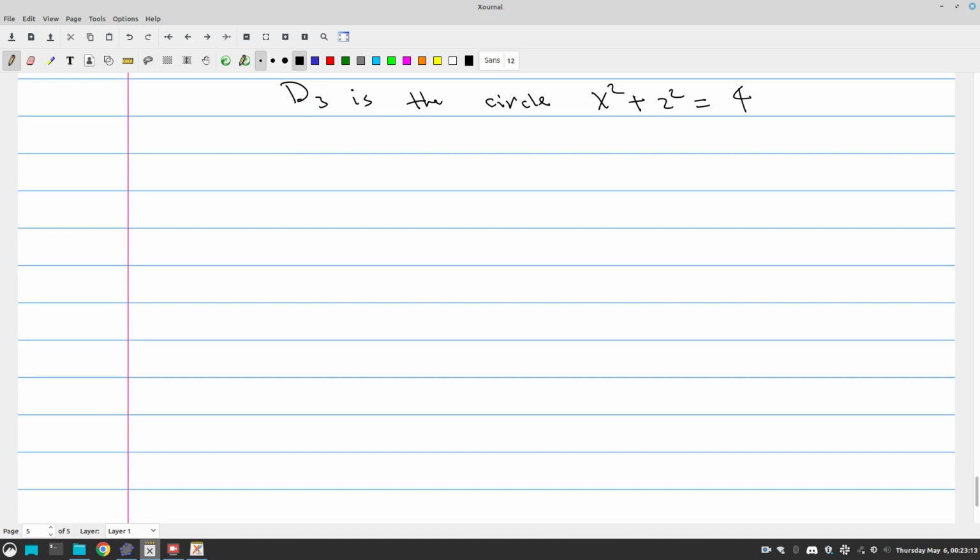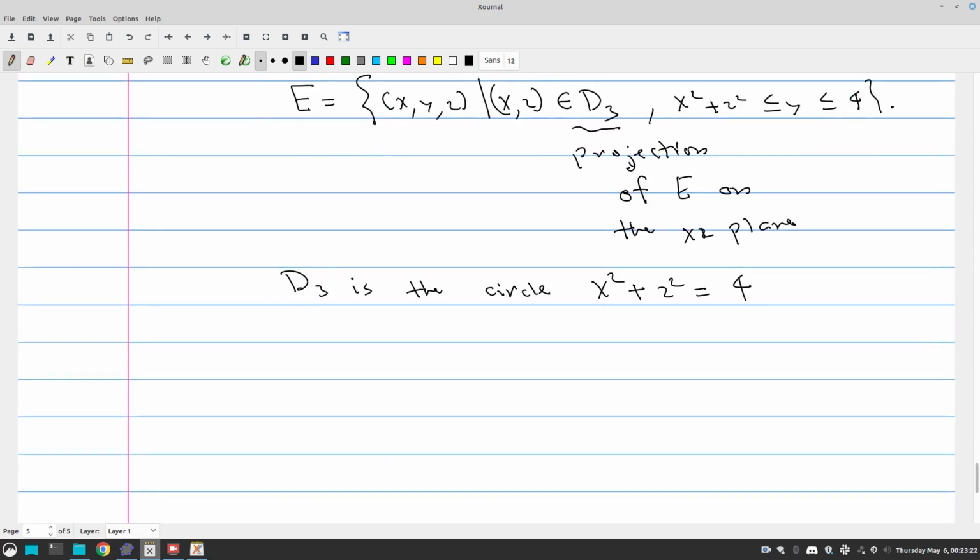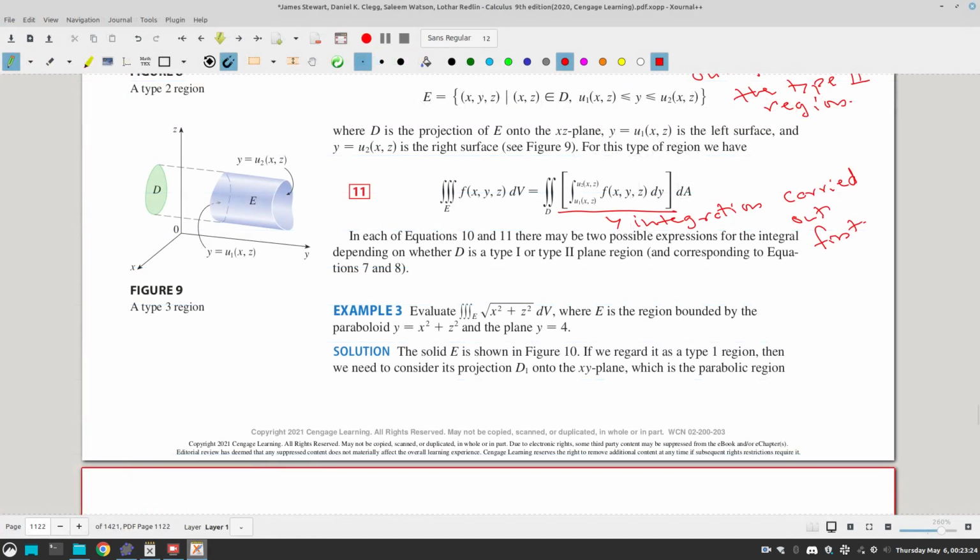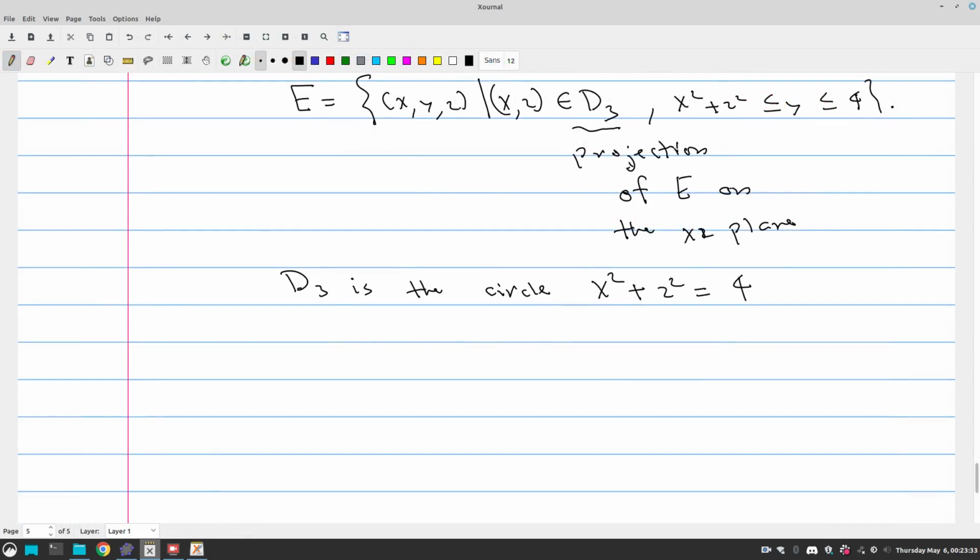Now we'll do the integration over D3 later, but first let's do the integration over the y limits. So we have to integrate the square root of x squared plus z squared dV.